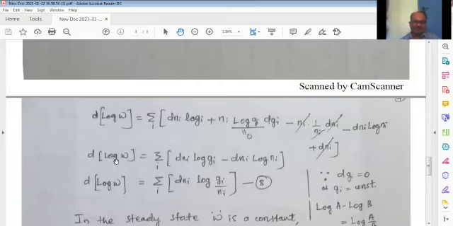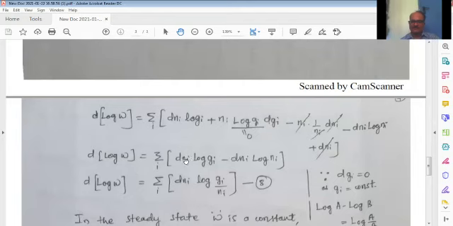So this is d log omega equal to summation over i, and here dNi log Gi is left, and this term goes to 0 because Gi is constant, so dGi is 0, and we are left with this term and this term.